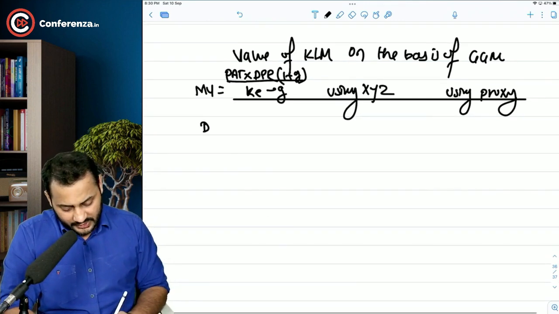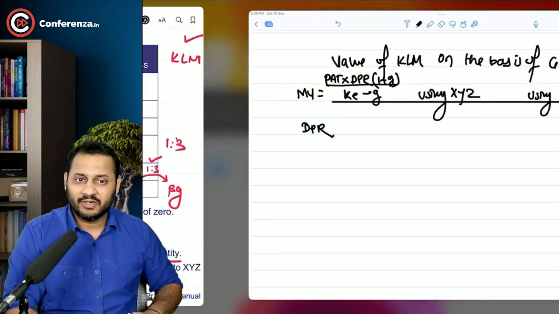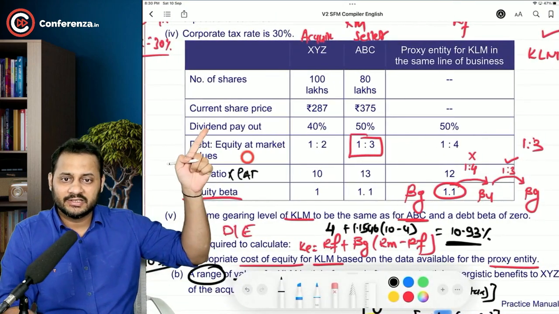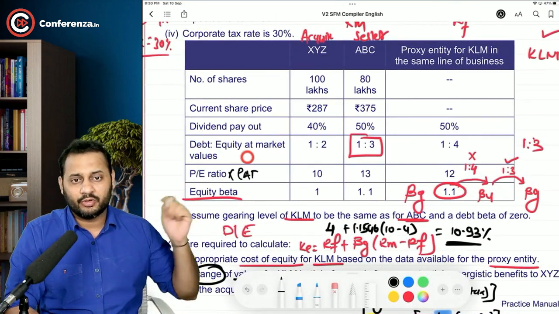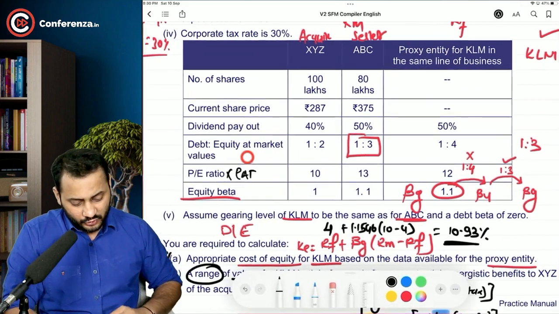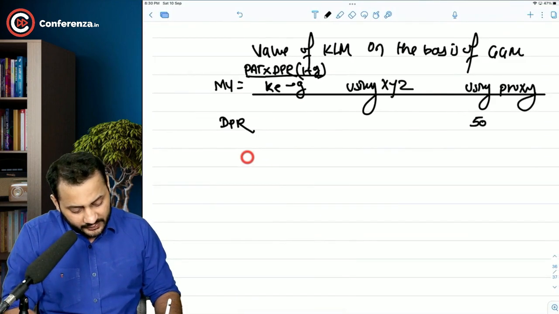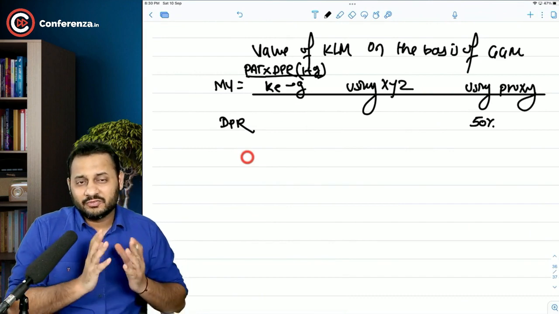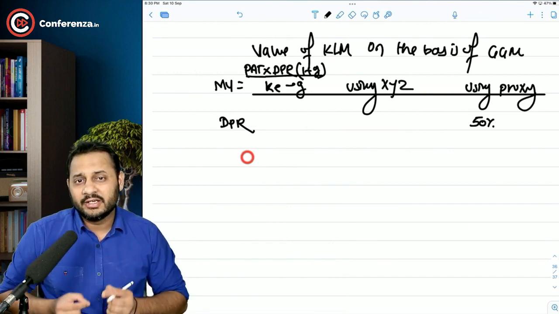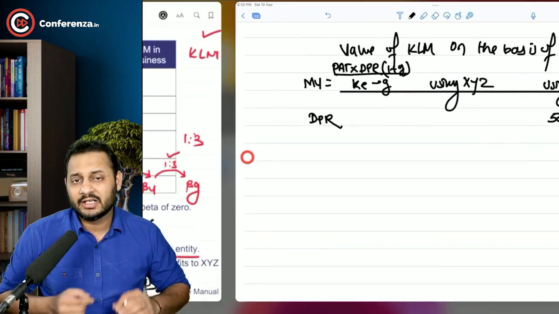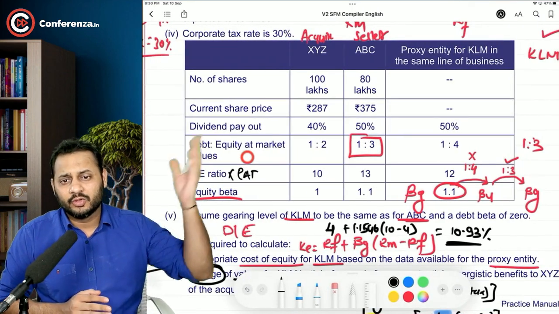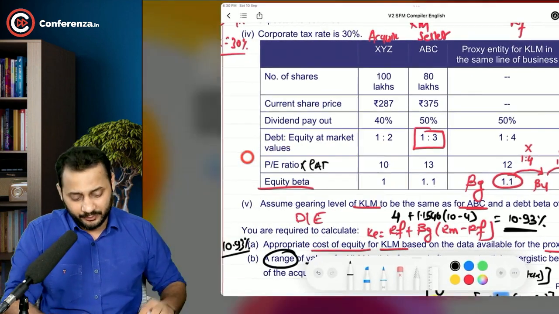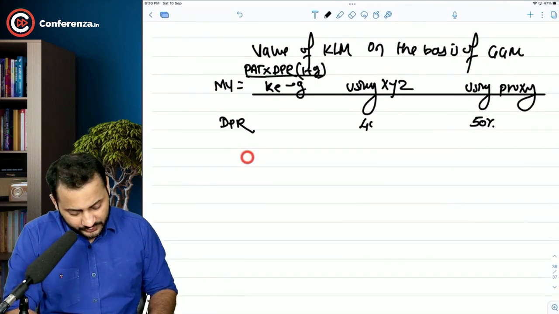So what is the dividend payout ratio of XYZ and proxy? You can see XYZ is paying 40% and proxy is paying 50%. So if we follow the proxy company, we will pay the dividend of 50% of the total profits. But XYZ will argue that we are acquiring KLM and now we will be deciding how much dividend we are going to pay. So according to our policy, 40% is the dividend payout ratio.